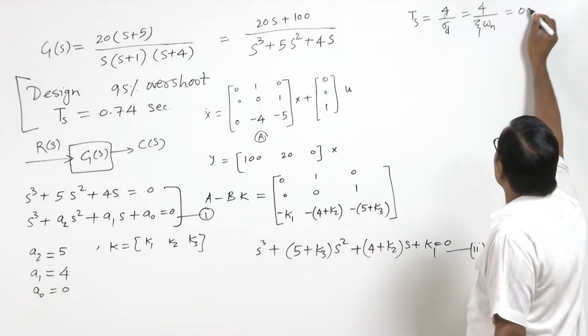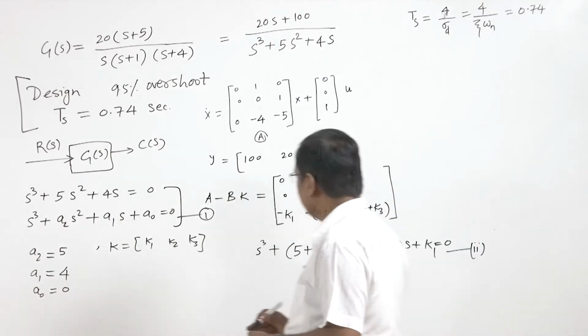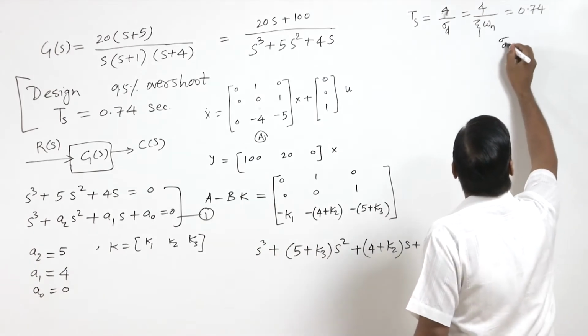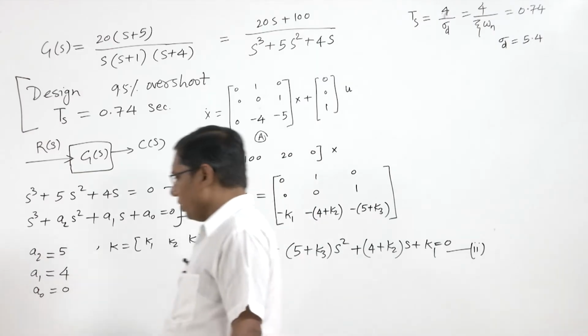So that is 0.74. So we can find sigma d equal to 5.4, or zeta omega n equal to 5.4.